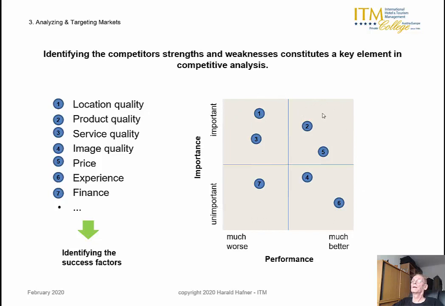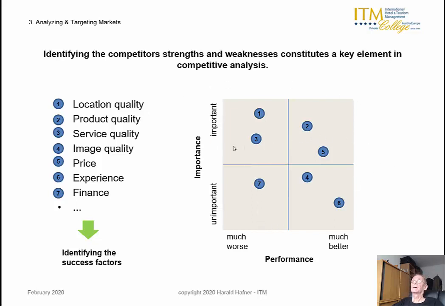Now, if you look at this matrix of importance and performance, which is called the importance performance matrix, you can see that we can now identify clear strengths and weaknesses for our hypothetical hotel.